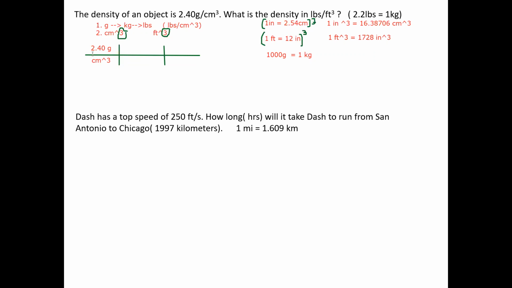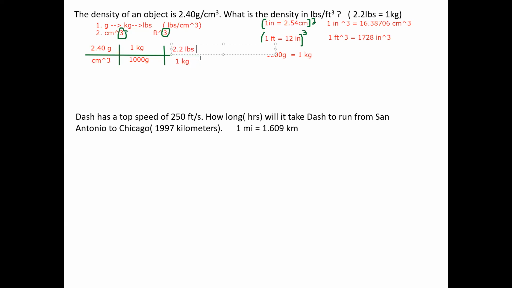So since gram is in the upper top left of the empty train track, it goes on the bottom in the conversion factor, and kilogram goes on top. Next, we're going to go from kilogram to pounds. So to the left of our empty train track, kilogram is on top. So in our conversion, it goes on the bottom, and pounds goes on top.